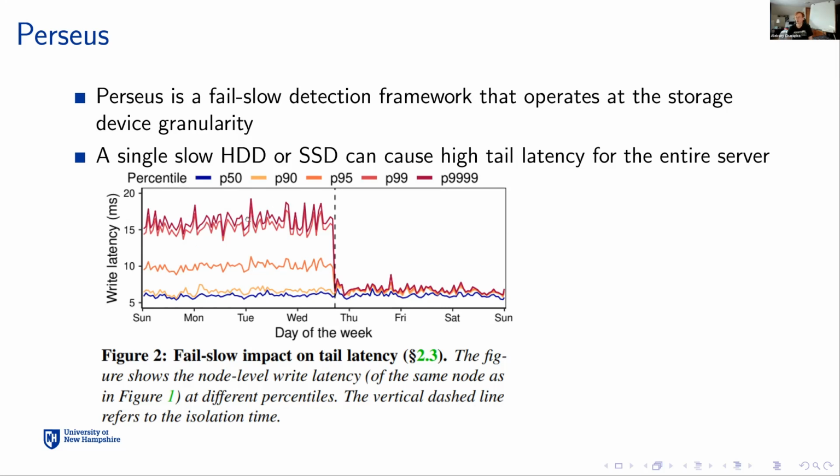But just some high tail latency for whatever reason, and they actually identified a failed drive on this server, and removing this failed drive from the server brought down the tail latency, right? So if we can identify those slow components, we don't need to decommission the entire machine. We can just decommission a drive, replace it and whatnot, and fix the problem. So that's the motivation for why they go down to that component level, why they look at the fail-slow drives in their storage infrastructure.